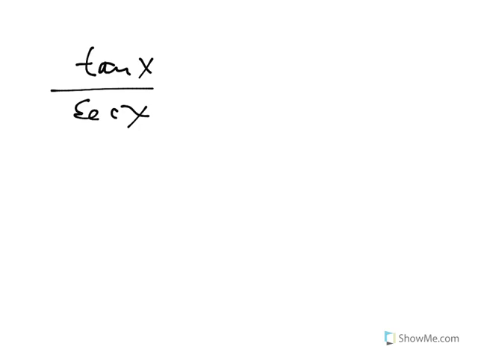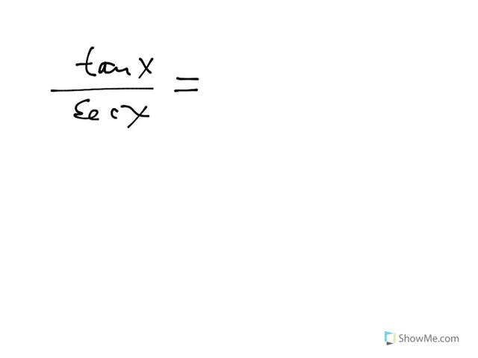So here's how you could use those identities to create other ones, like tan over secant. One technique is to use the 8 identities that are known to do anything you can.